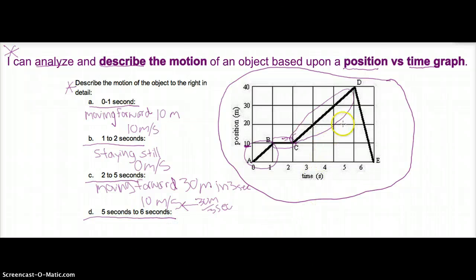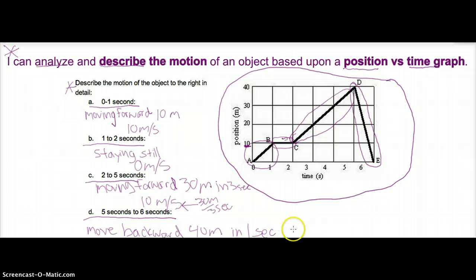Okay? Now let's take a look at 5 seconds to 6 seconds. It looks like we're changing position dramatically here. Between 5 seconds and 6 seconds, you go quickly all the way back to your reference point. So in this case, you move backward 40 meters in 1 second.